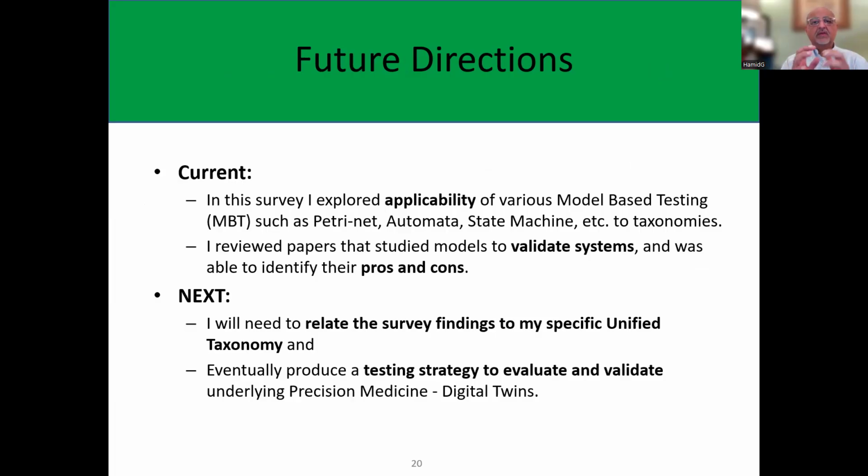So that's from this survey. What needs to be done next is to relate my findings and understanding of this survey to my specific unified taxonomy, and eventually be able to have a testing strategy to validate the underlying ecosystem, which is the precision medicine digital twin. So that's my future direction.